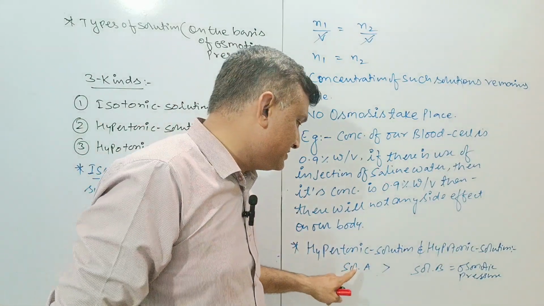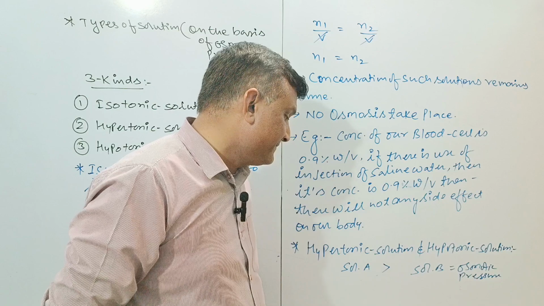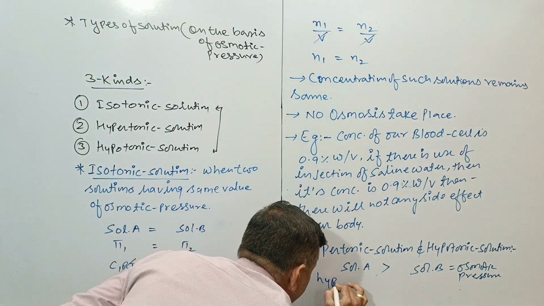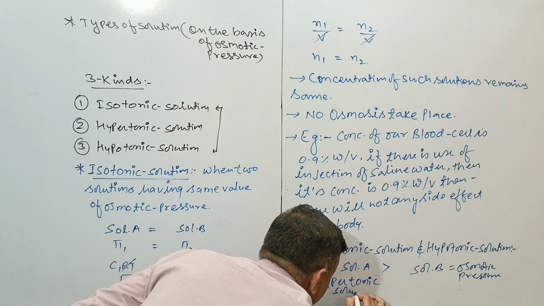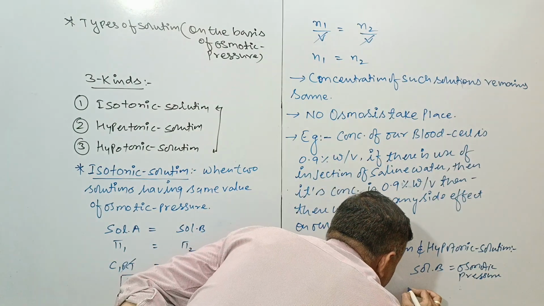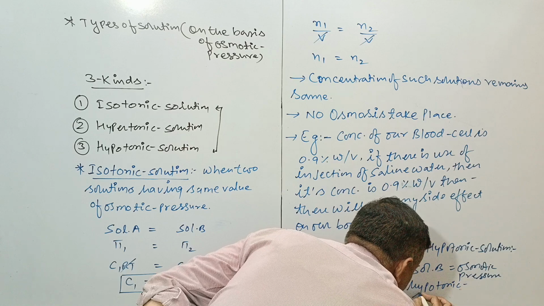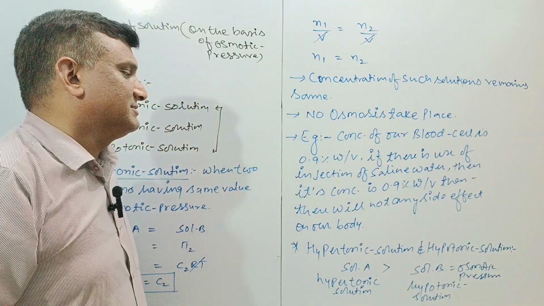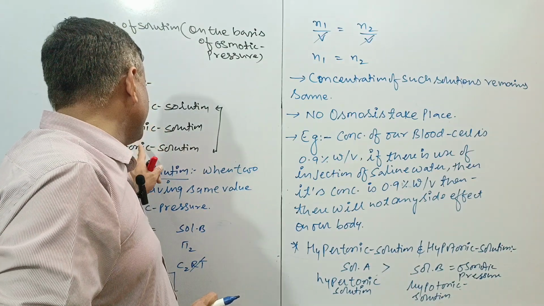If there are two solutions, one having a larger value of osmotic pressure, then that is called hypertonic solution, while the other having a smaller value of osmotic pressure is called hypotonic solution.